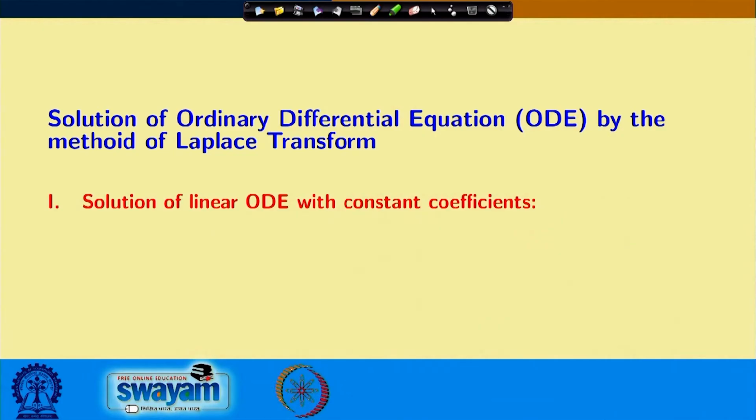Let us go through how to find out the solution of ordinary differential equations using Laplace transform techniques. First, we will do the solution of ODE with constant coefficients, then variable coefficients, and then the solution of linear simultaneous ODE.